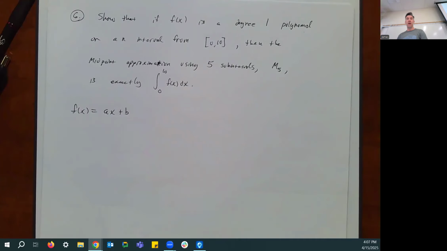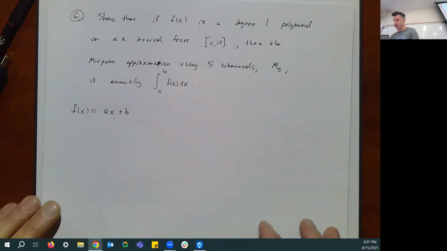And now I'm going to write down my approximations, approximations first. So first, the M5 approximation. If I'm on an interval from 0 to 10, and I'm breaking it up into 5 subintervals, my delta x is obviously going to be 2.